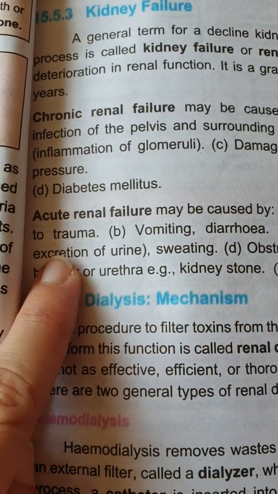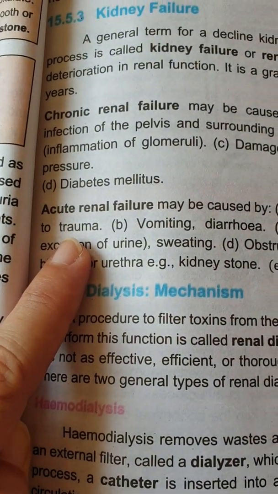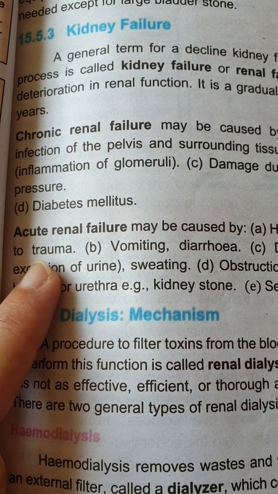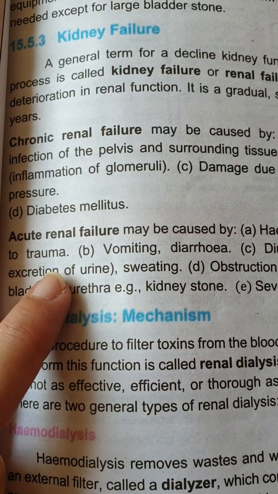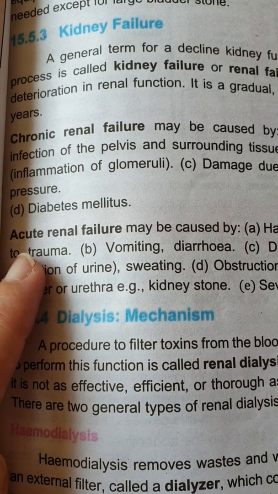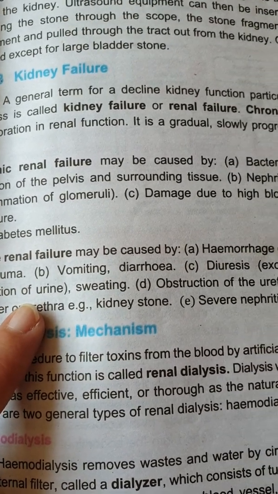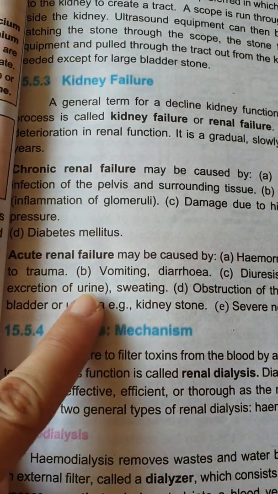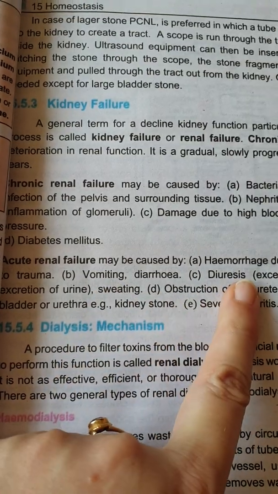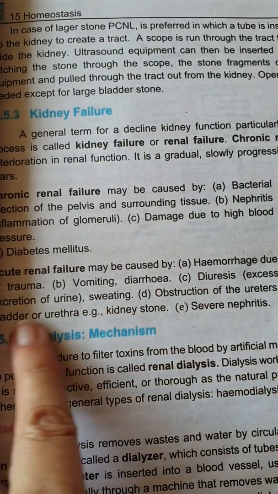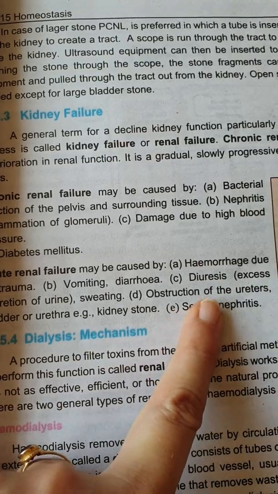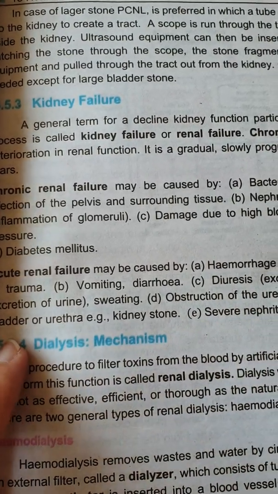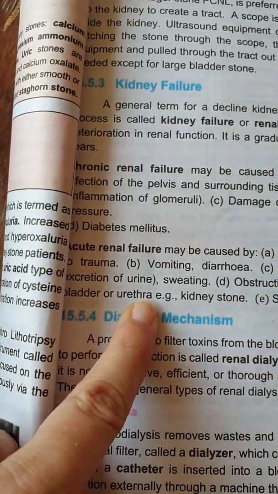While acute renal failure means that to some extent the kidneys are working, but some parts of the kidneys fail to work or slow their work because of different reasons, that is hemorrhage due to trauma and sometimes vomiting, diarrhea, diuresis, or extra urine formation, sweating, obstruction of the ureter, maybe stones in the ureter, or sometimes in the bladder, sometimes in the urethra.